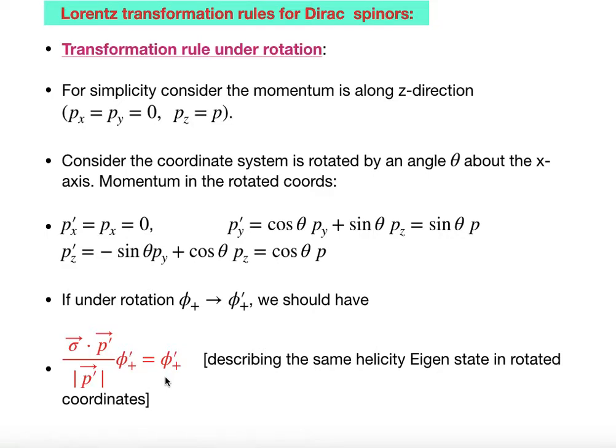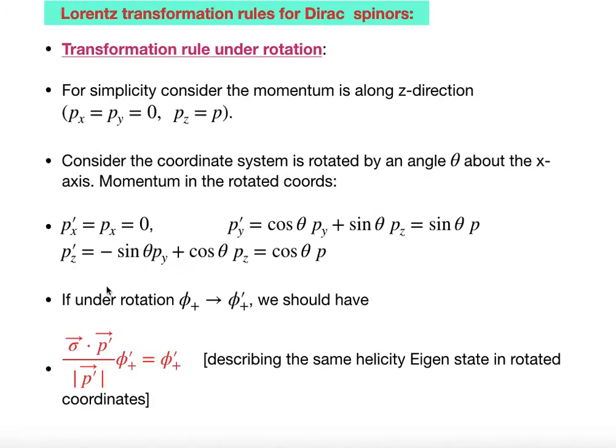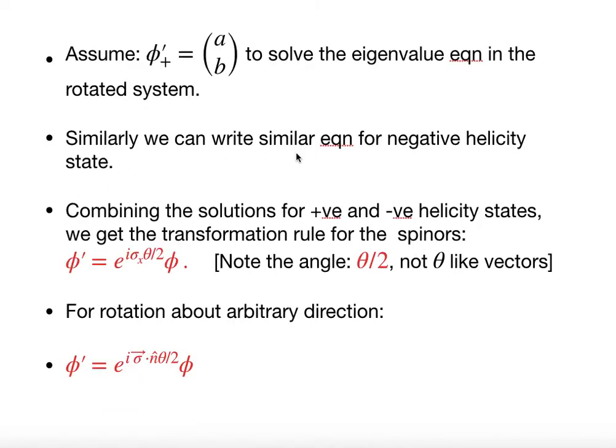Once you rotate, you are basically describing the same helicity state in a different coordinate system, so they will satisfy the same helicity equation in the new coordinate system. Now if we assume that this phi plus prime is written as two components A and B, then you just solve this equation. I know what this p prime is, I know what the sigma matrix is, I assume A and B, and I get some solution.